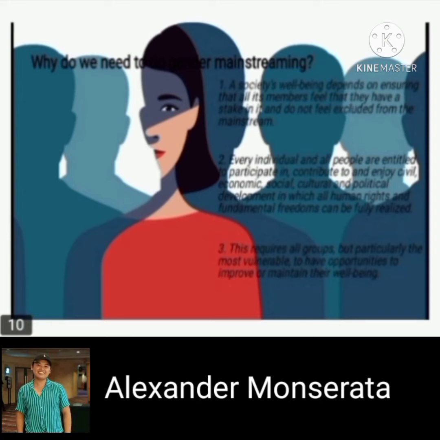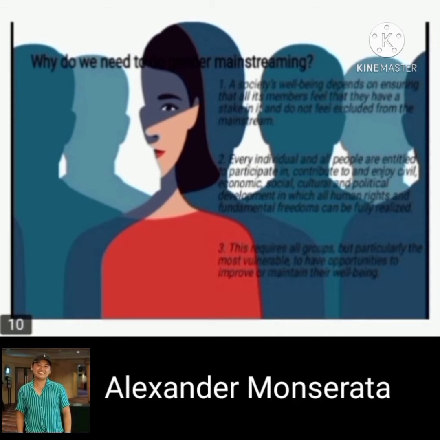And every individual and all people are entitled to participate in, contribute to, and enjoy civil, economic, social, cultural, and political development in which all human rights and fundamental freedoms can be fully realized. And lastly, this requires all groups, but particularly the most vulnerable, to have opportunities to improve or maintain their well-being.